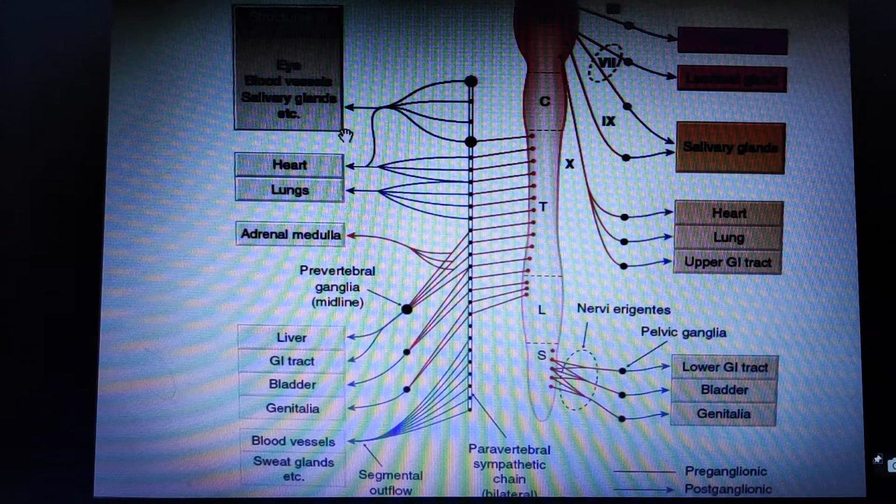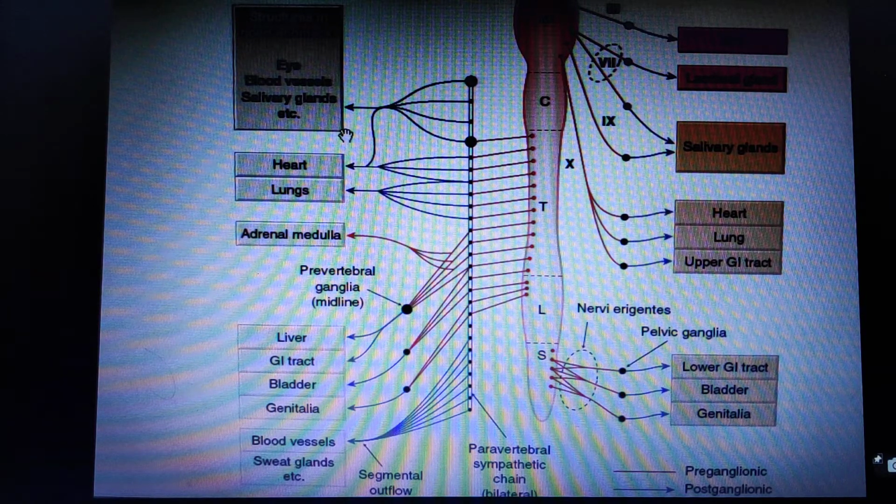If you see on the other side, it is the parasympathetic nervous system, also known as craniosacral, starting from the medulla, which is a part of the brain. So there are four cranial nerves which are part of the parasympathetic nervous system. That is the third, oculomotor; seventh, facial; ninth, glossopharyngeal; and tenth, vagus.